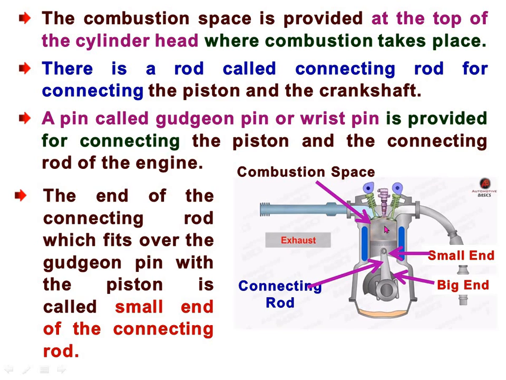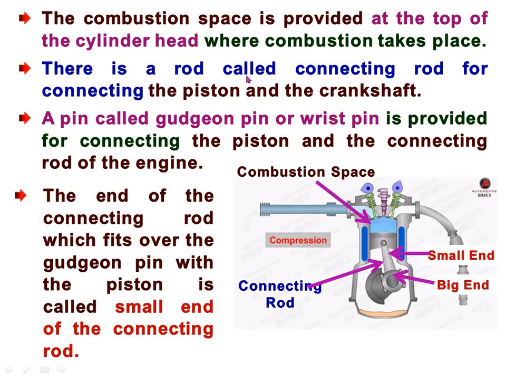So after the compression stroke, fuel is ignited in the combustion chamber by the spark plug in the case of a petrol engine, or it may be ignited by the compressed hot air in the case of compression ignition, that is, a diesel engine.